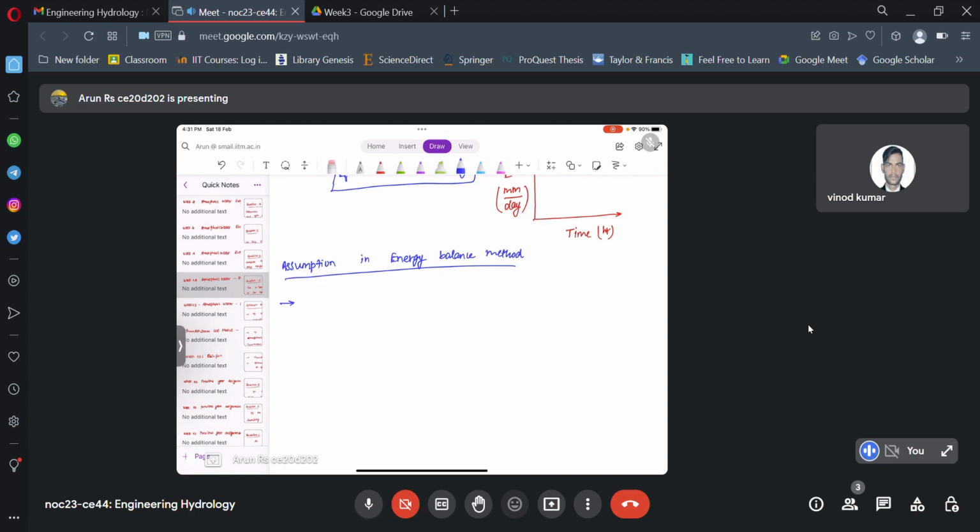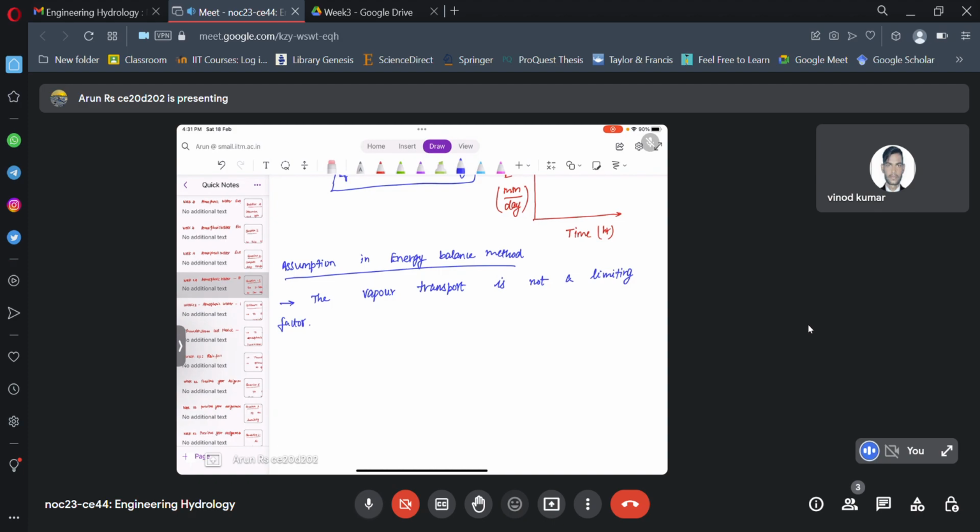So here the assumption that we make is the vapor transport is not a limiting factor. For the evaporation to occur, we need some energy and we need vapor transport.